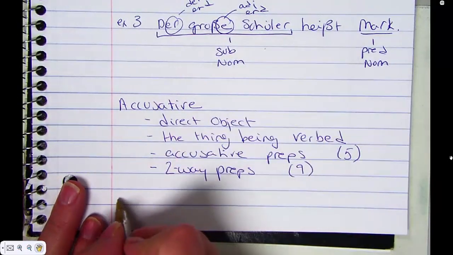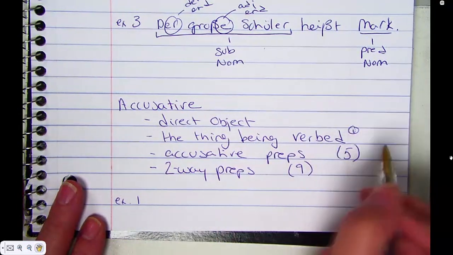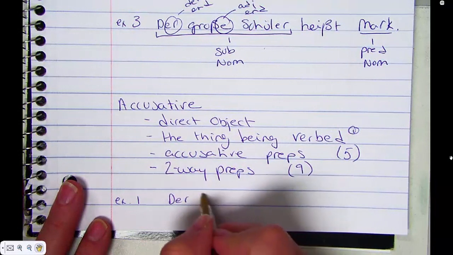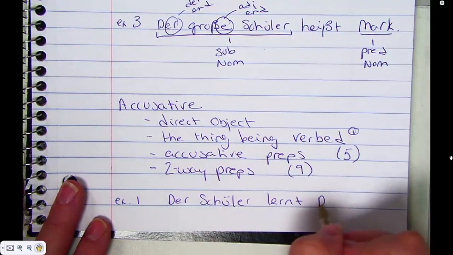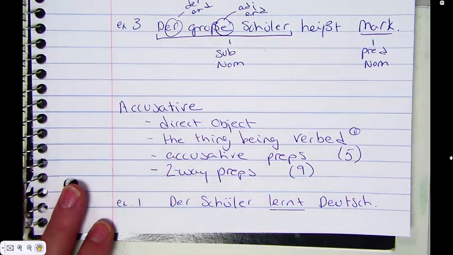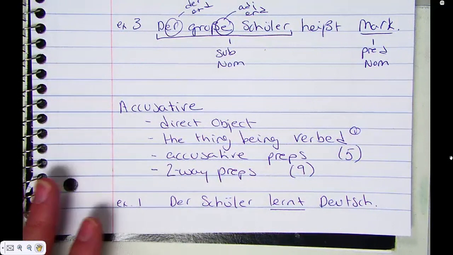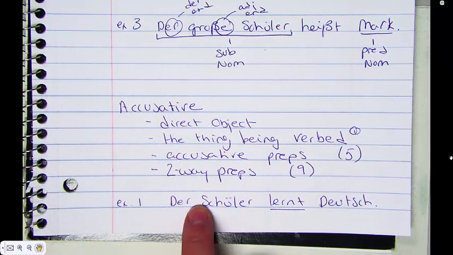I had the example. Der Schüler lernt Deutsch. So the verb I'm using in this case is lernen, right? So I would say, wer lernt Deutsch? Der Schüler, that's my subject.